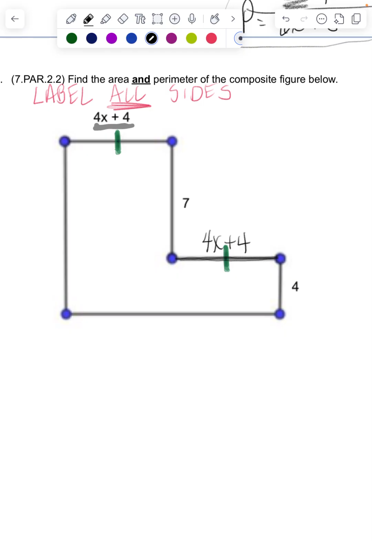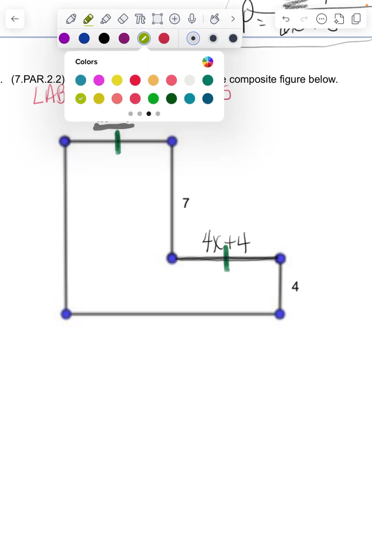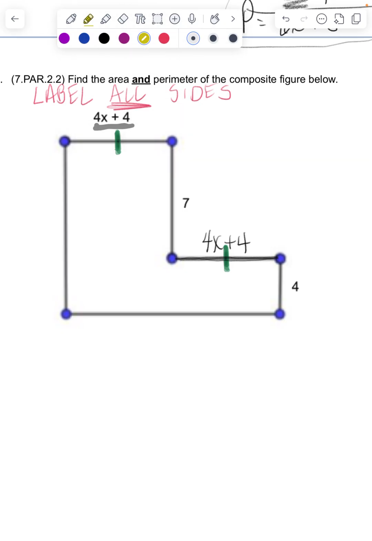So if I put this side, if I put this side, if I put that side, and this side, I need to make that a little bit bigger, and this side, so I'm taking these two sides that are the same.